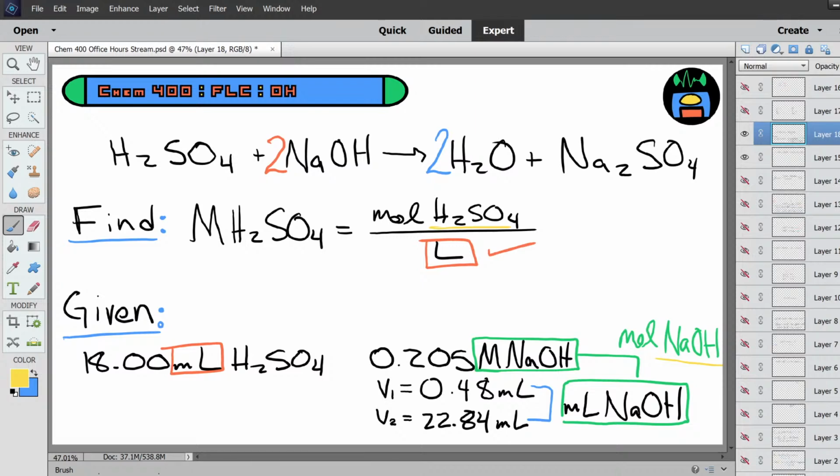We can use our molarity of sodium hydroxide and our volume of sodium hydroxide to find moles of sodium hydroxide, but what we need is moles of sulfuric acid, and that is where this balanced chemical equation comes in. We can use our balanced chemical equation to convert from moles of sodium hydroxide to moles of sulfuric acid, and that is exactly what we're going to do. That's how we're going to get our numerator.